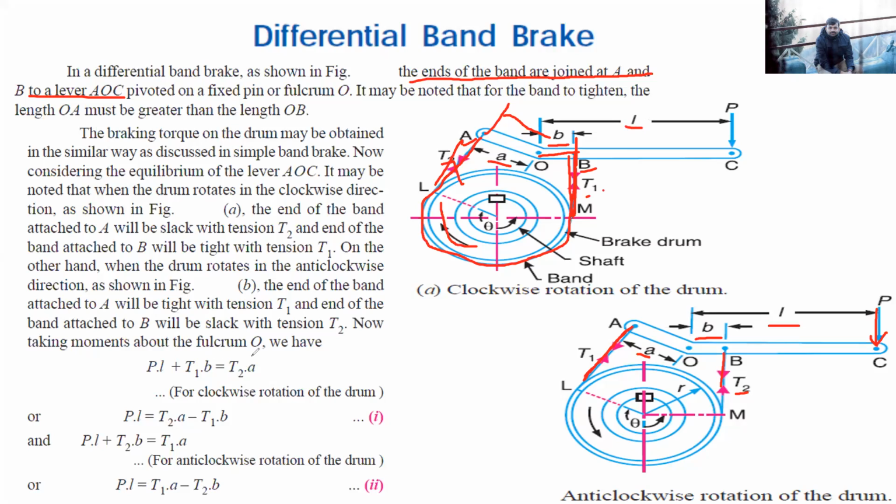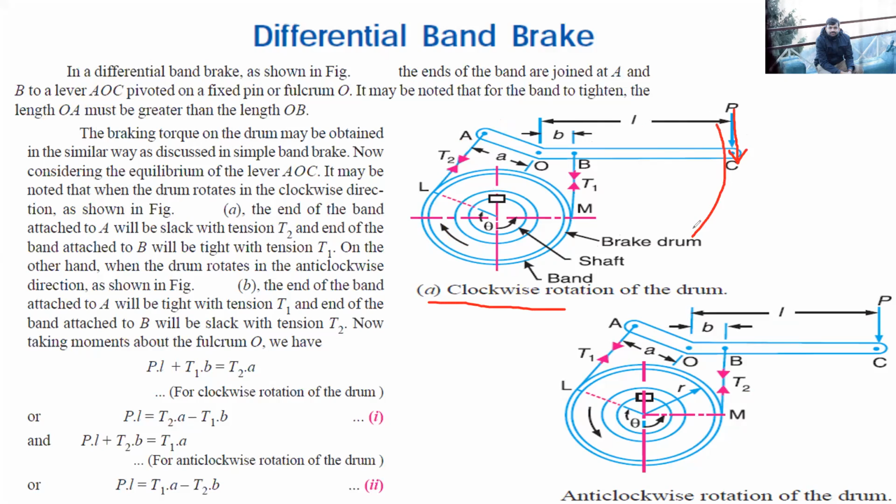Now taking moment about fulcrum point O. In this case, all the three forces will be producing a couple. Let's take the clockwise rotation condition. This force P will try to turn this system in clockwise direction. This T1 will also try to turn it in clockwise direction and this T2 will try to turn it in anti-clockwise direction.